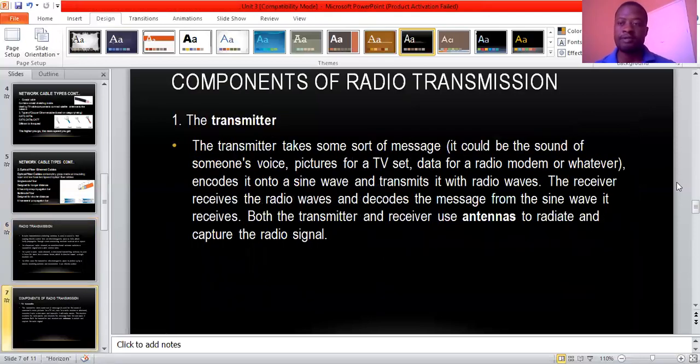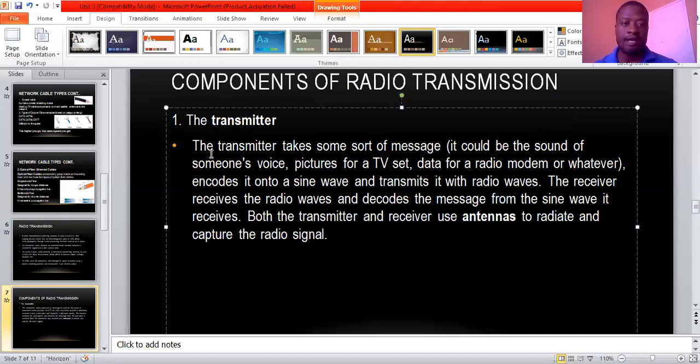Right now, this whole radio transmission process has components. The first one is the transmitter. The transmitter takes some sort of information.